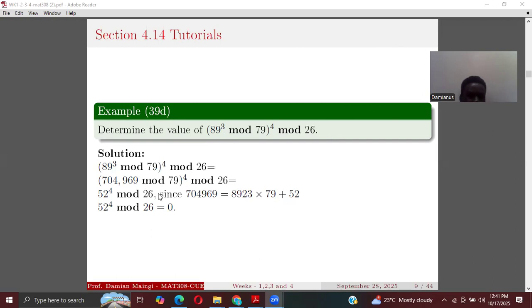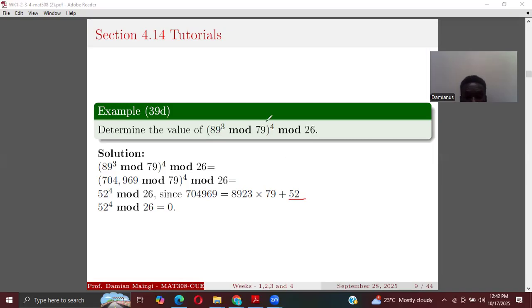So when you divide this number by 79, what will be the remainder? You can compute that if you want, but I did the computation for you: 704,969 divided by 79, the quotient is 8923, and the remainder is 52.